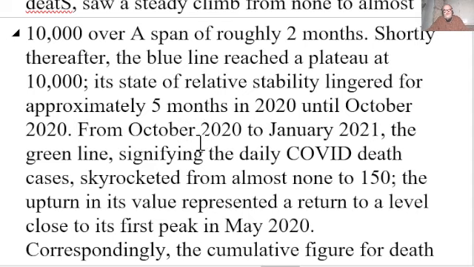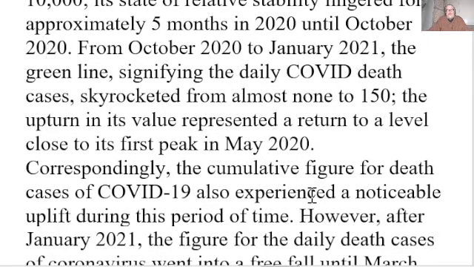From October 2020 to January 2021, the green line, signifying the daily COVID death cases, I'm going to leave it, skyrocketed from almost none to 150. The upturn in its value represented a return to a level close to its first peak in May 2020.